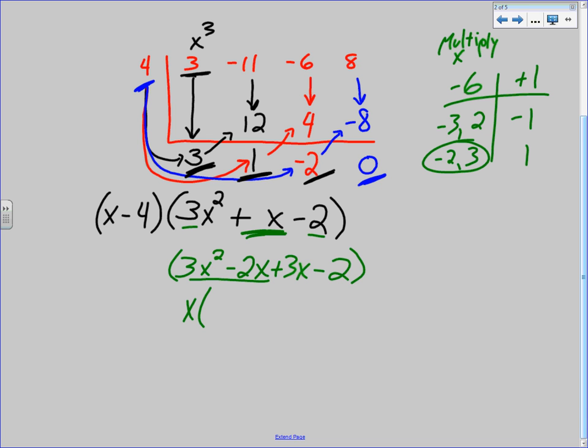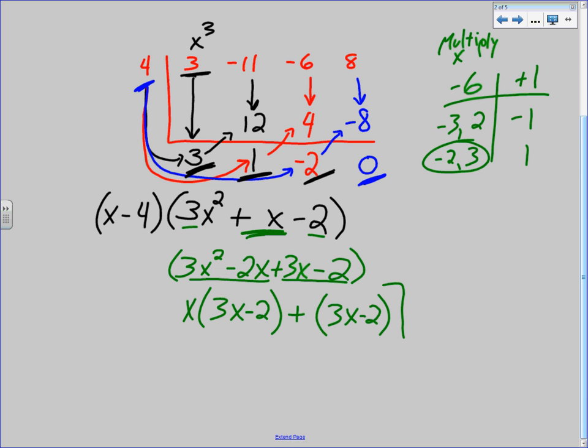Well, x is in there. And what's left over? 3x minus 2. What's in 3x and negative 2? There's nothing in common except a 1, so I'm going to leave the invisible 1 outside of the parentheses. And we have 3x minus 2.